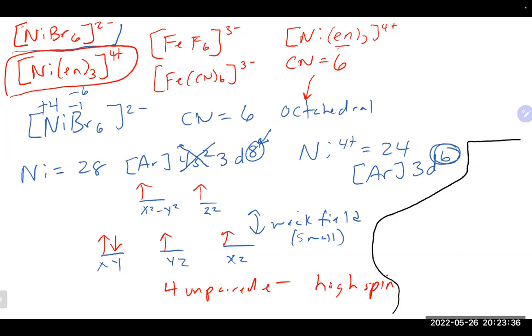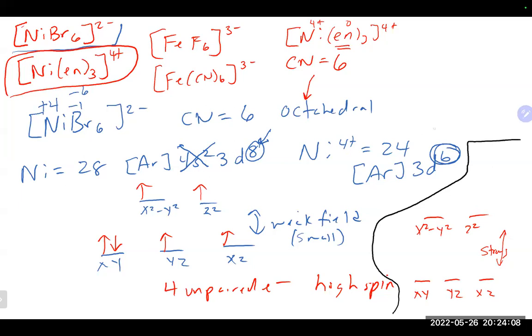The en, as we just talked about, we will do as strong field, which means we will once again have our 3 guys on the bottom and our couple guys up on top there, and it's going to be strong field here. When we look at the charge on nickel, it is still +4 in this case because en is neutral.